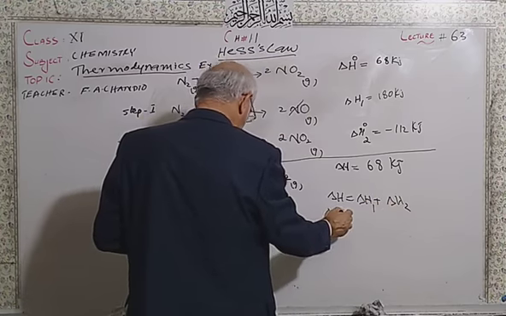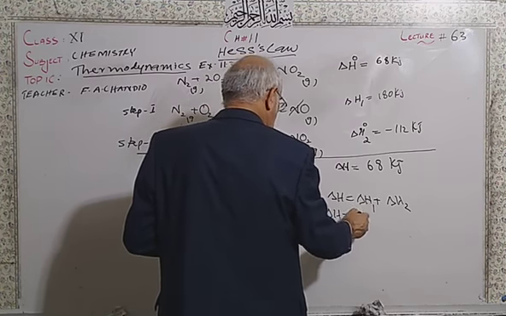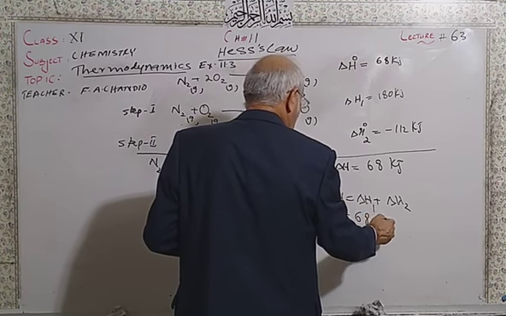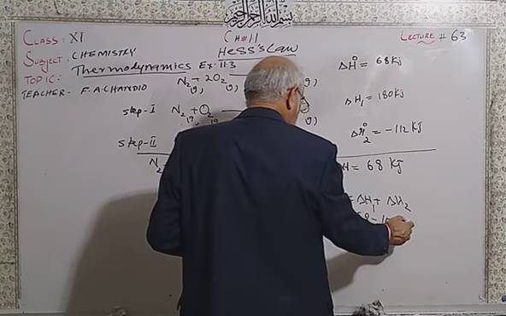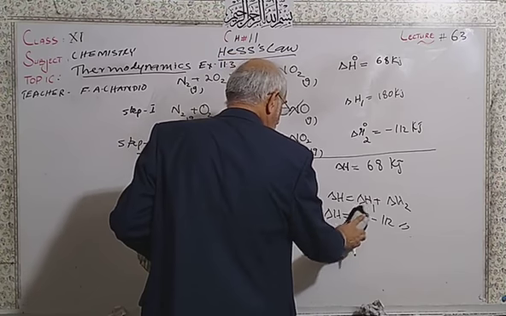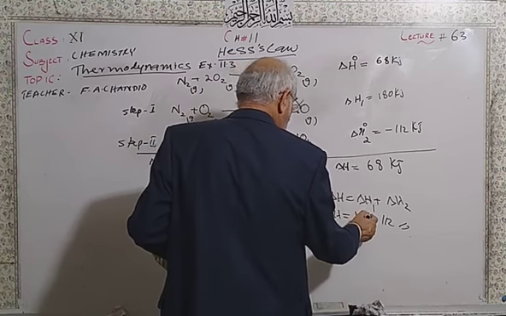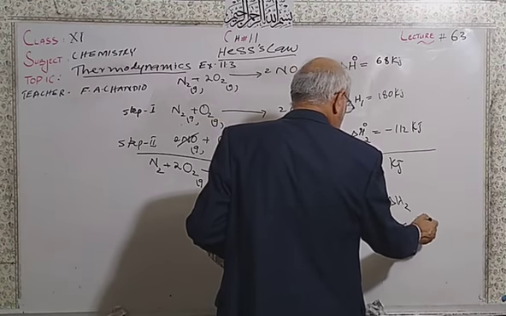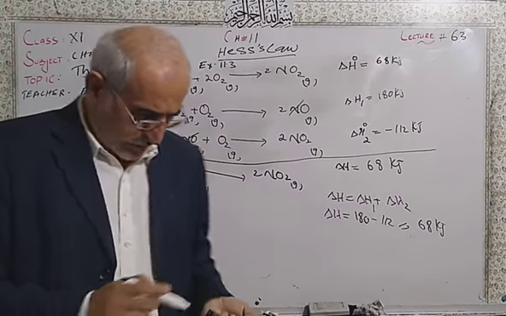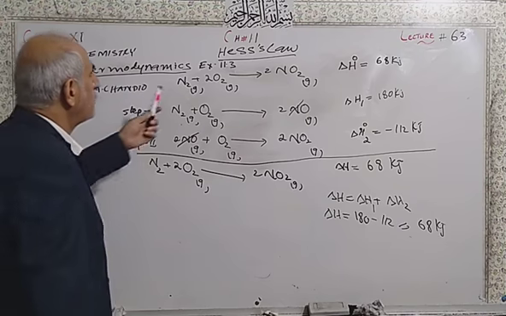So delta H is equal to 68 minus 112. So you will get 68 kilojoules. So this is the example number 1.